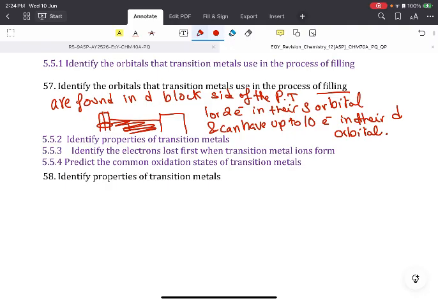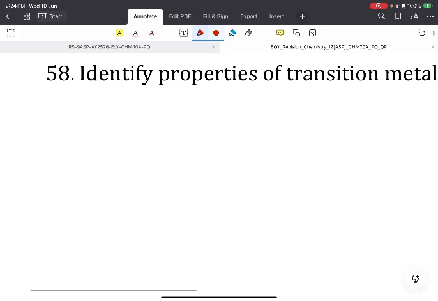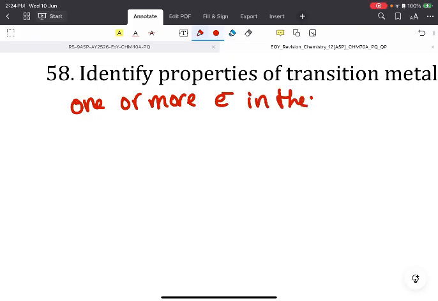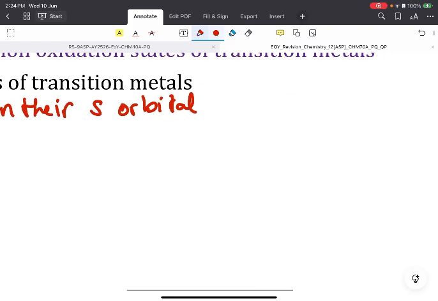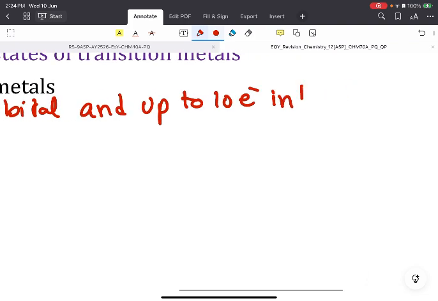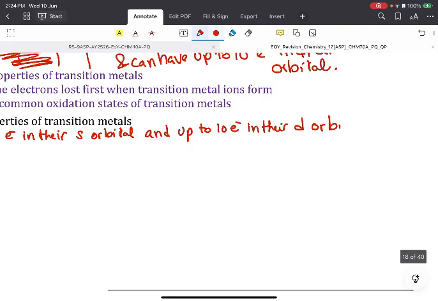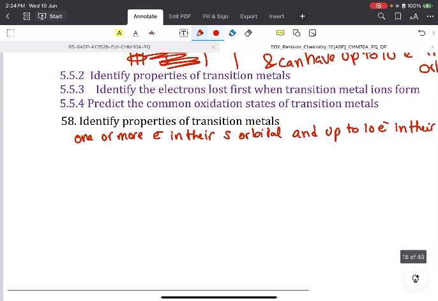Again, they have 1 or more electrons in their s orbital, and up to 10 electrons in their d orbital. So that's one property.